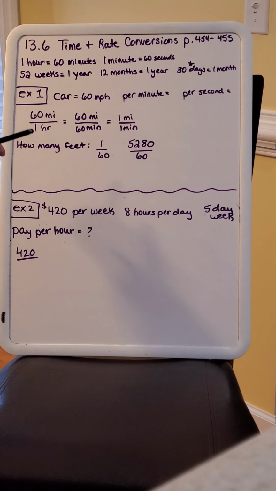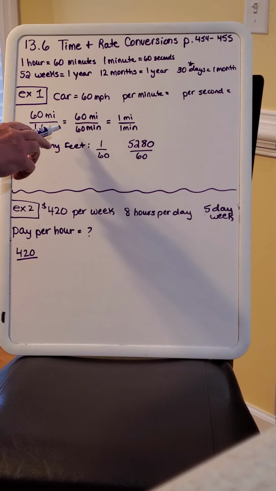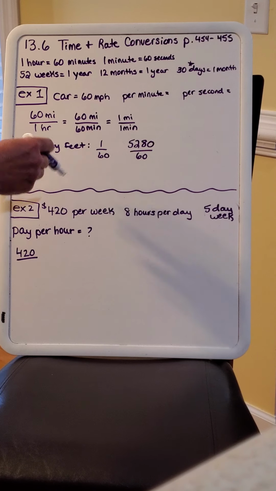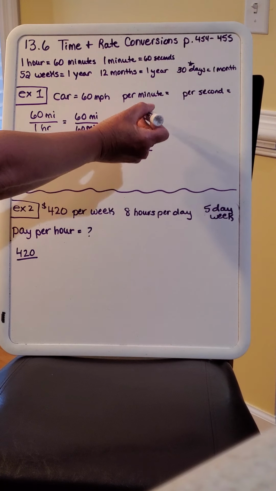That's the same thing as 60 miles in 60 minutes, or 1 mile in 1 minute. All right, so basically what you are doing is dividing, okay? So to answer our first question, how much is that per minute? We'll take 60 divided by 60, and we're going 1 mile per minute.